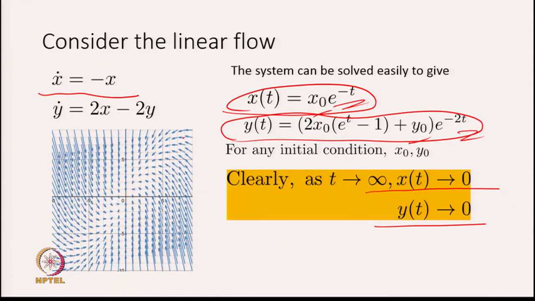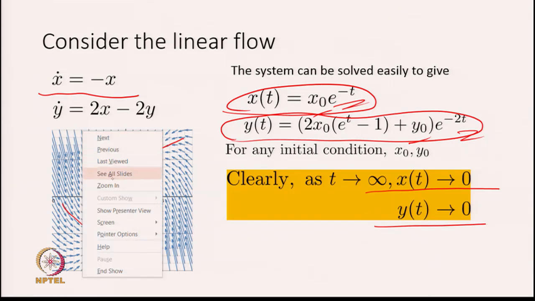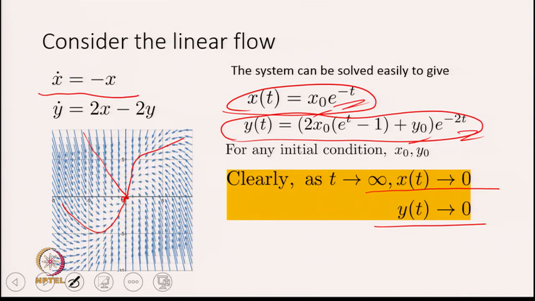Therefore, starting anywhere, you will come eventually to the point 0, 0. So the point 0 seems to attract all initial conditions, wherever you find yourself initially. Eventually, you will always land up over here.